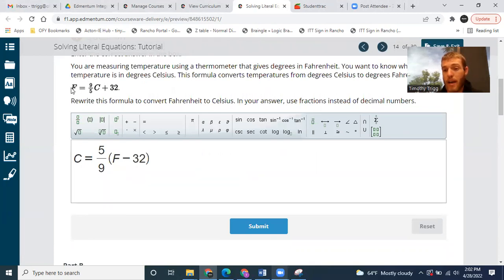Because you'd have to replace the F with a number and then work it out with that, like that. But here, C is already solved. You see C is already by itself. So when we replace F with the given values, then we just need to use the order of operations and compute it. So that's relatively simple.